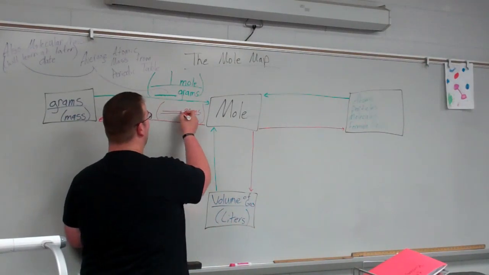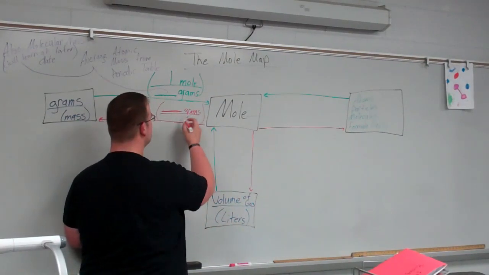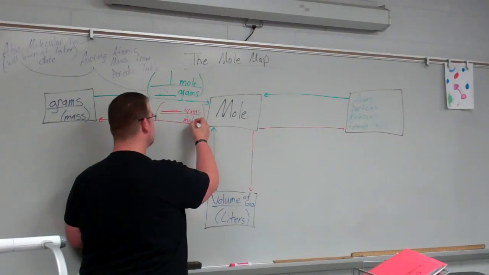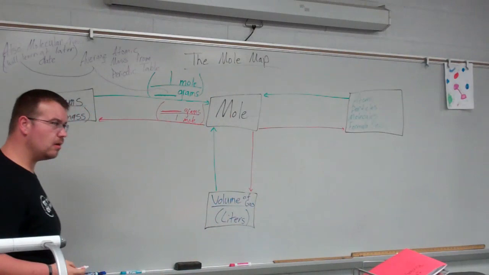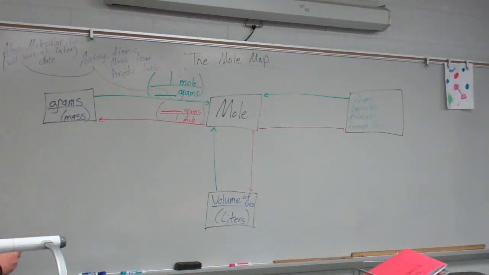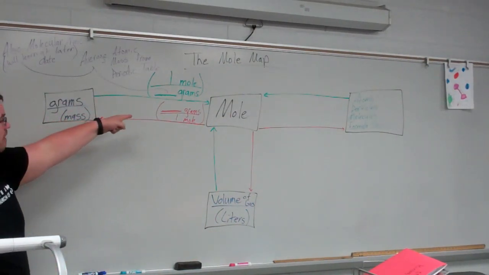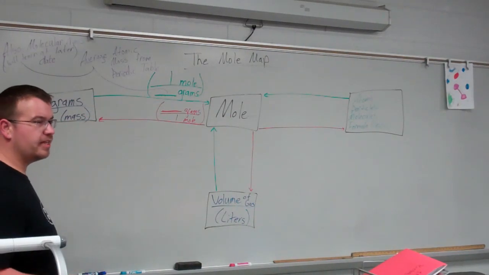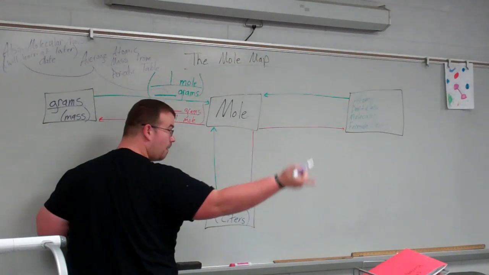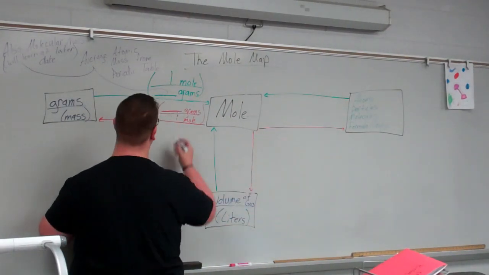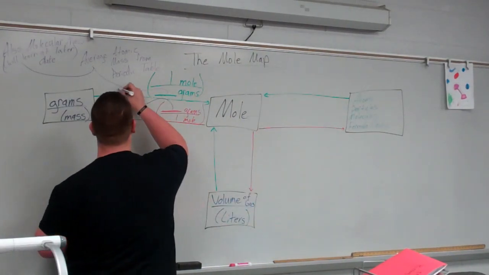Remember, blank spot here. Mole. What goes with mole in this case? One. All right, and the blank spot next to grams, where do we get that from? Average atomic mass from the periodic table.